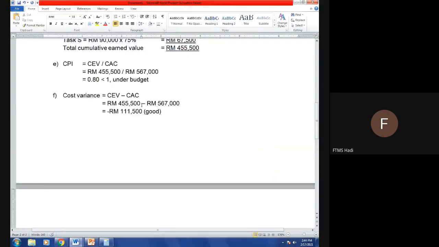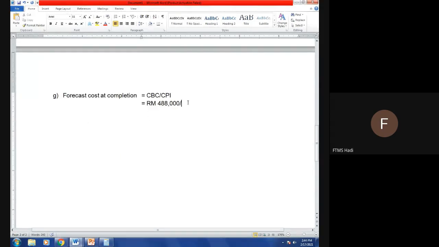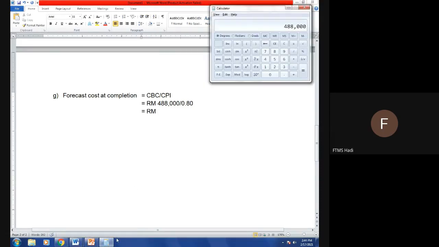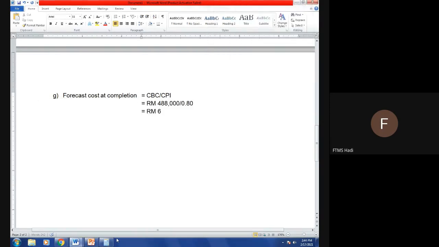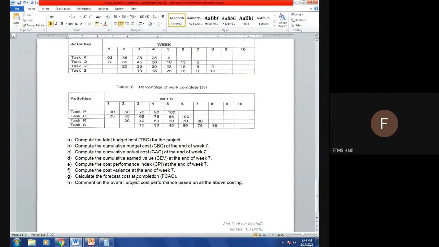CPI is 0.80. So what will happen to your cost after completing everything? 488,000 divided by 0.8, you will get RM 610,000. So this is the expected cost after everything is done. It doesn't necessarily have to be true, it's just a forecast only. 610,000.